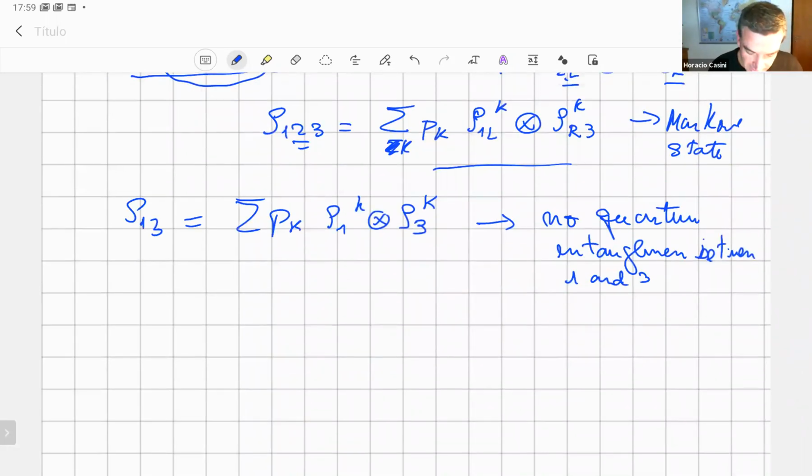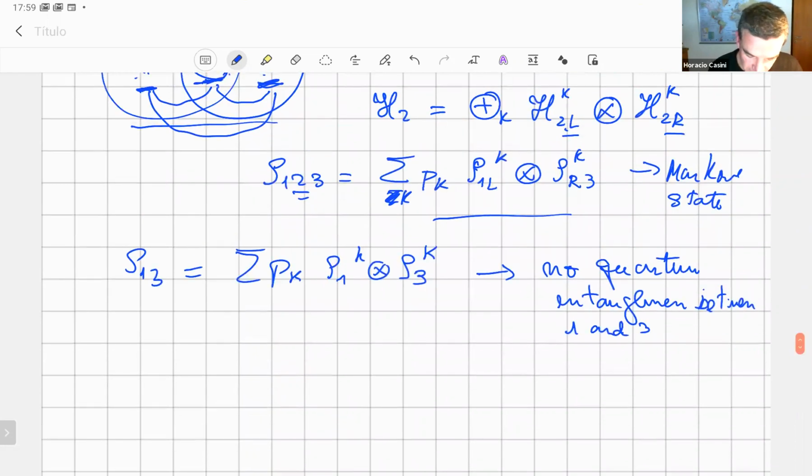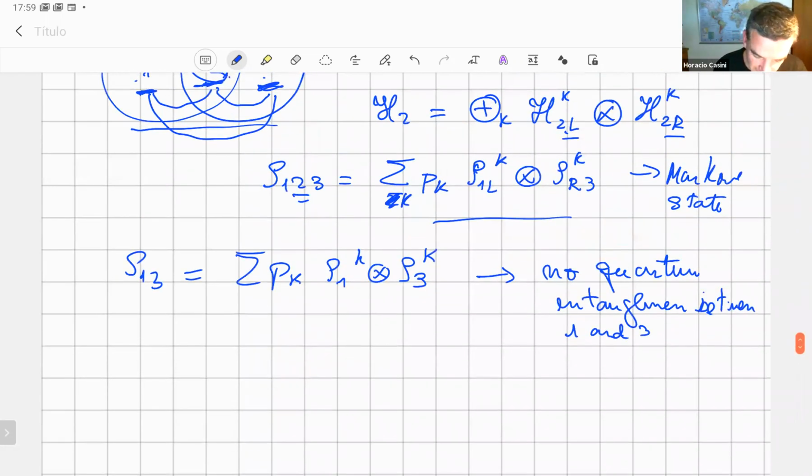And then we have to look for regions where there is no quantum entanglement between 1 and 3.